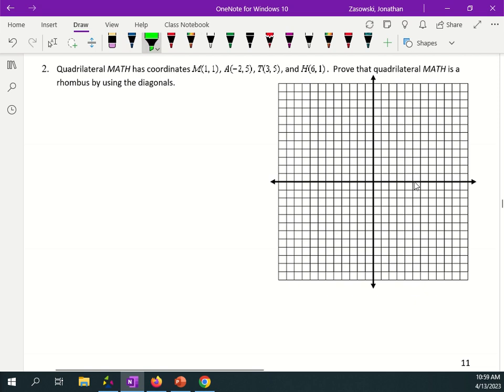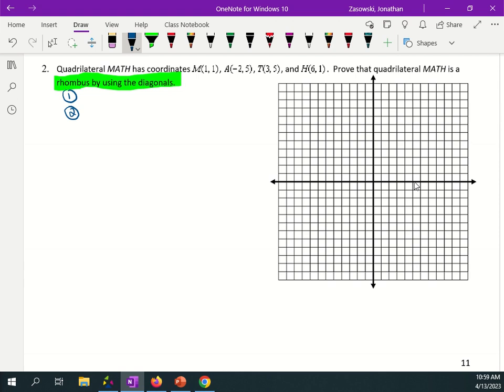So we're going to show that this is a rhombus by using the diagonals, okay? So something you may not do, and after this, if you don't like it, don't use it. But in order to be a rhombus using the diagonals, we actually need to show 2 things. What's special about the diagonals of a rhombus?